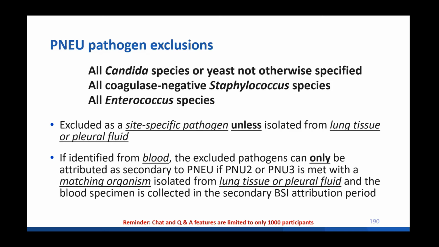If any of these pathogens are identified from blood, they can only be attributed as a secondary BSI pathogen to pneumonia if Pneumonia 2 or Pneumonia 3 is met with a matching organism isolated from lung tissue or pleural fluid, and the blood specimen is collected in the secondary BSI attribution period.